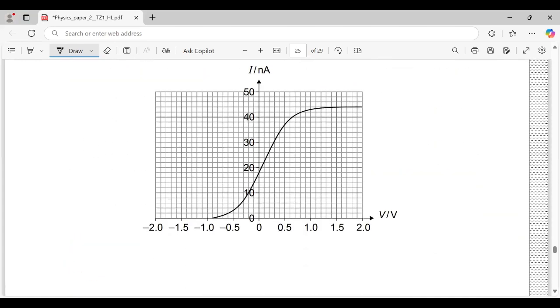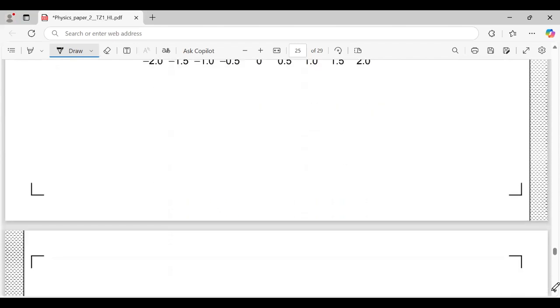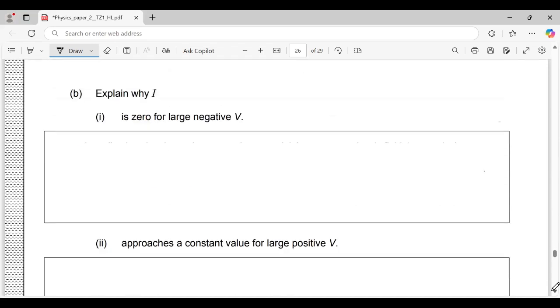This is the graph. The graph goes from the right side to the left side, downwards, and stops here. Explain why I is 0 for large negative phi. I have provided my explanation for this question as well.